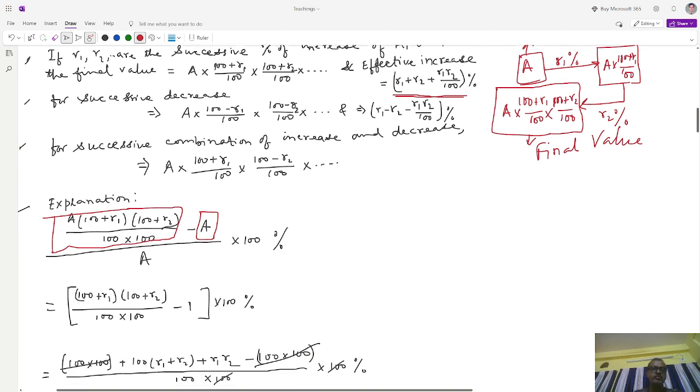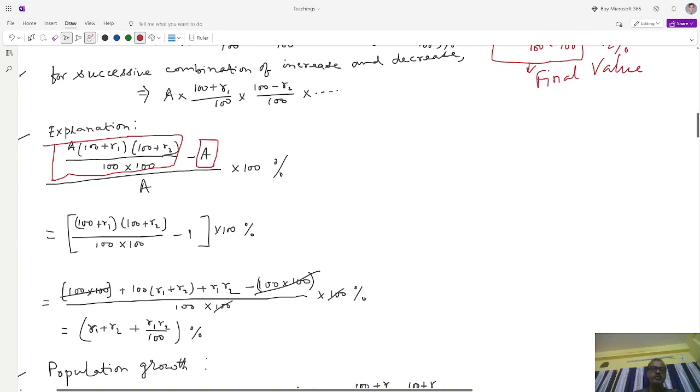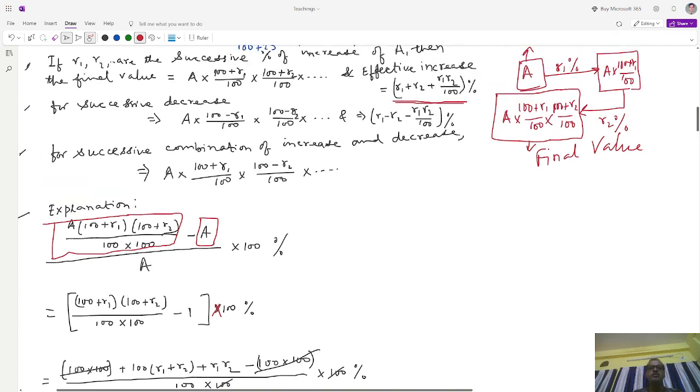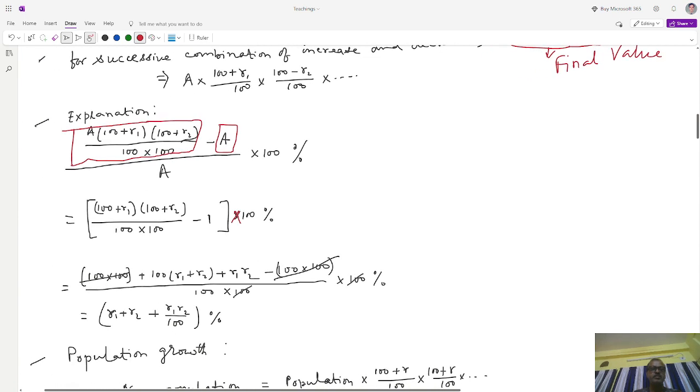Then the simplification remains. So if we simplify this expression, then we will reach our destination. Here the simplification is shown. We take A common from the numerator and eliminate it from numerator and denominator.